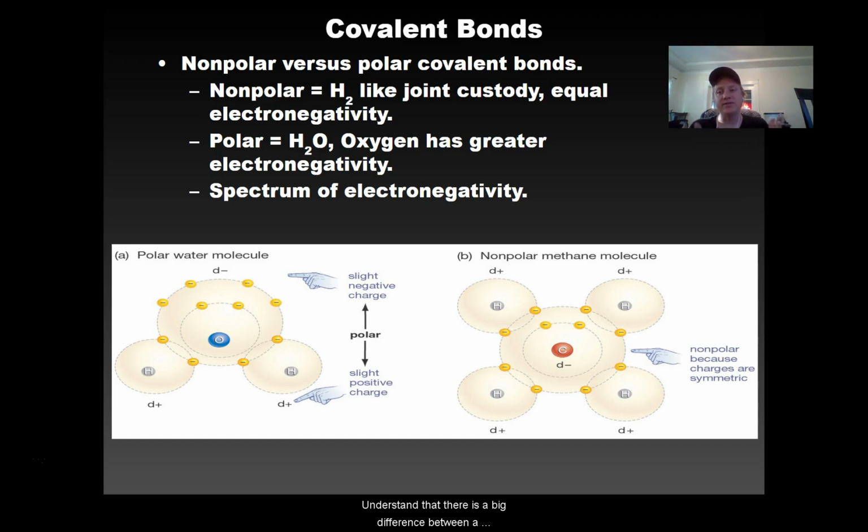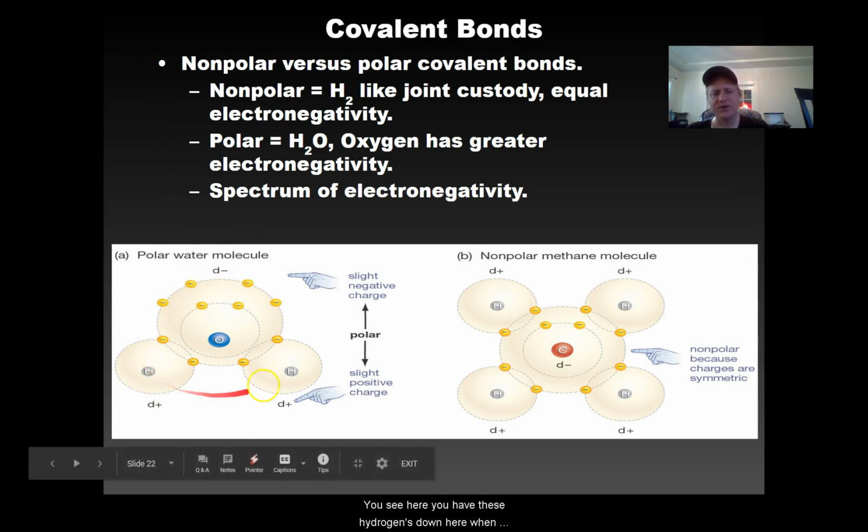Understand that there is a big difference between a nonpolar thing and a polar thing, and the reason for that lies within the chemistry. Okay, so here is a polar water molecule. Definitely know that water is polar. That's a really big deal. And you see here you have these hydrogens down here, and you have this oxygen here.